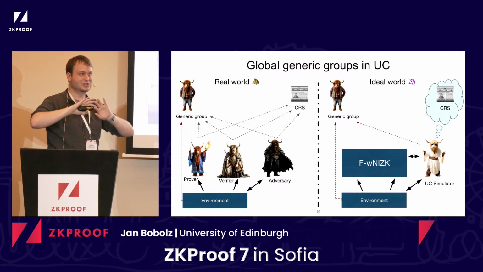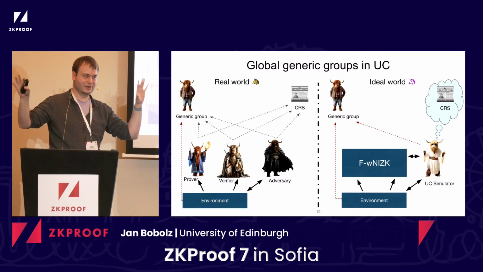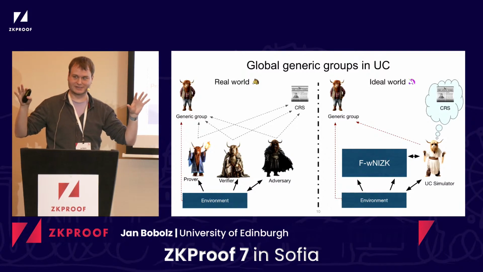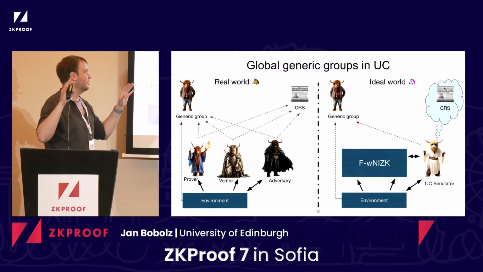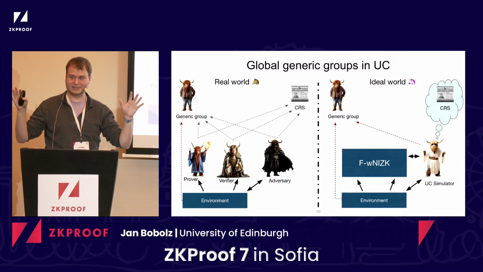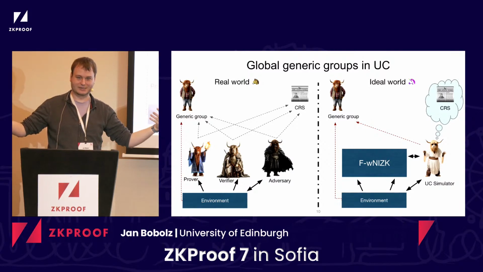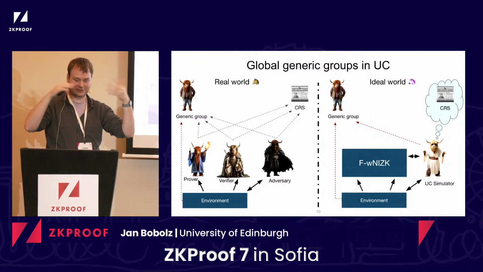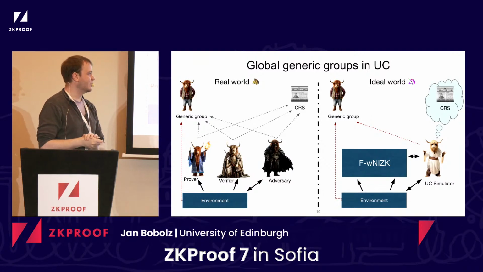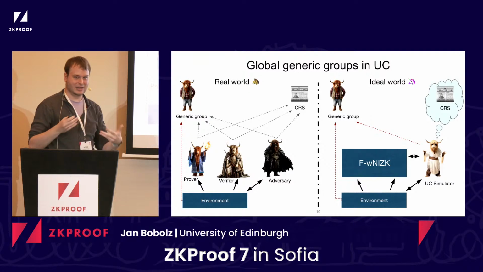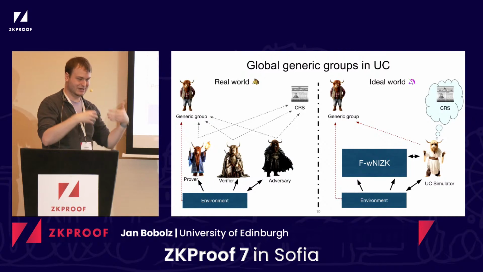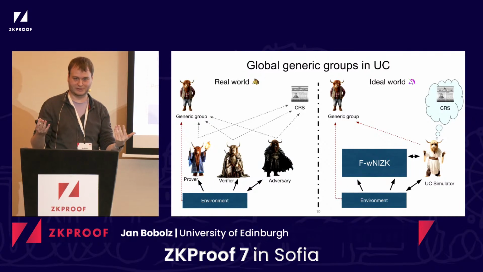Imagine that we have two different protocols, both of them non-interactive zero-knowledge proofs, and for both of them the extractor needs to completely take over the generic group in order to extract. That would not work. We couldn't put these two protocols into the same composition and still claim security, because either this one is secure or this other one is secure, but we can't give both of them total control over the generic group.